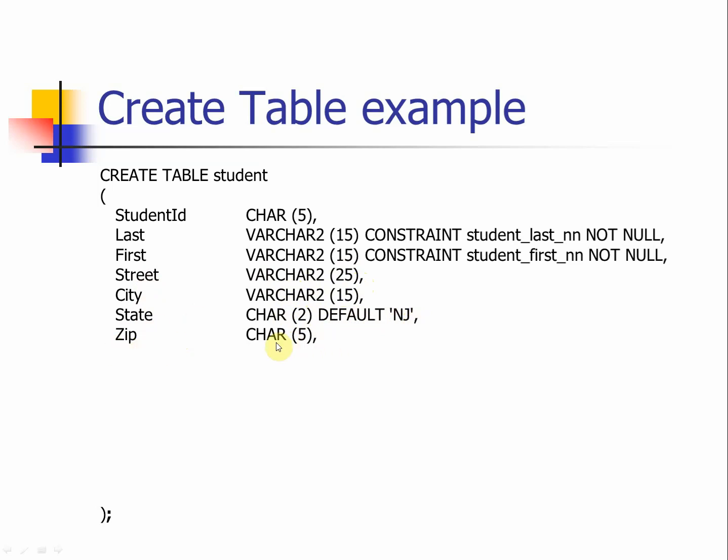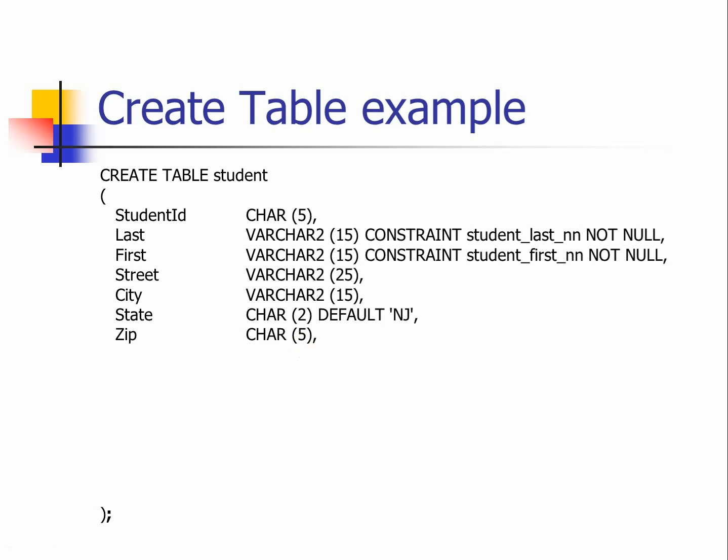And then zip code. The zip code is actually a very good example of using CHAR, because it's going to be 5 numbers that you put in over there, and those numbers are not really numbers because we cannot do any calculations on the zip code. I mean, we can do some calculations on the zip code, but it won't make any sense.